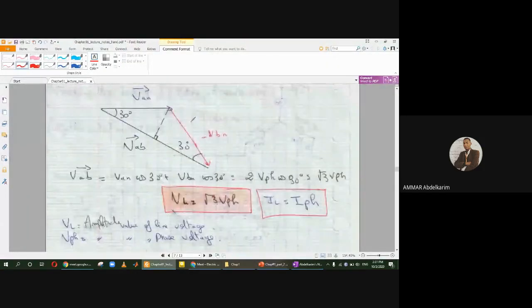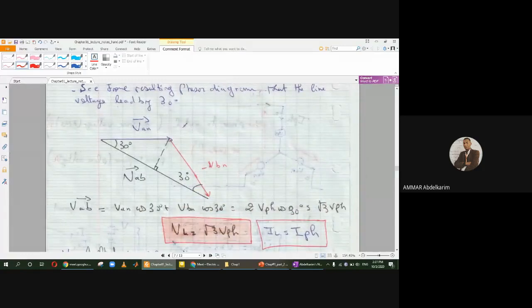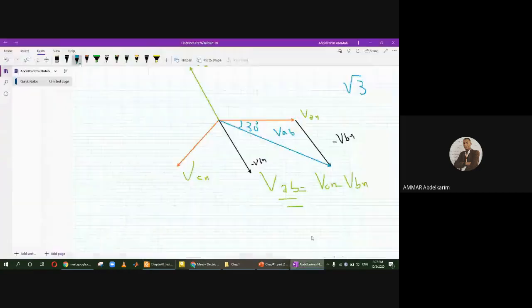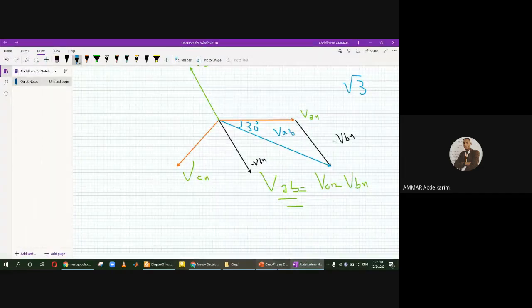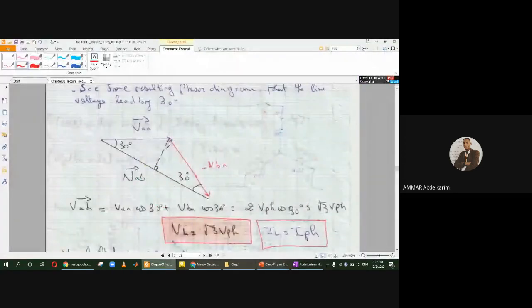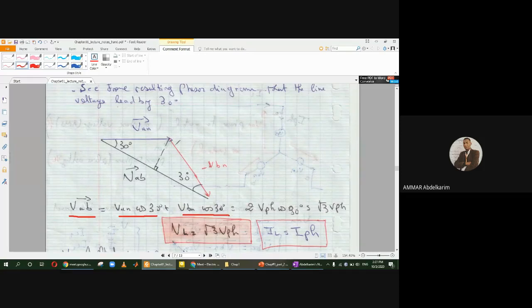Okay, so when we take this triangle here, which is the same as this one, we can see that VAB equals what? The angle is 30 also. We can see that VAB equals VAN cosine 30 plus VBN cosine 30.